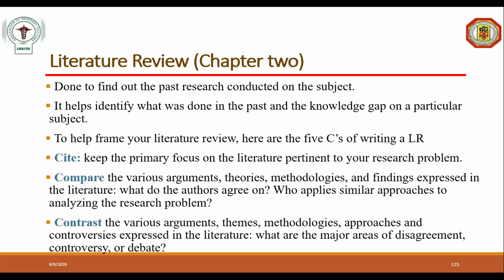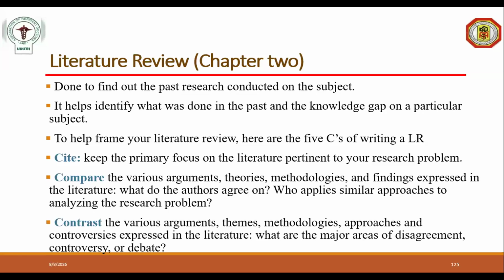So in writing the headlines of your literature review, we said number one, you discuss the overview of the main subject, which is malaria here, malaria and pregnancy. So now you have 2.1, general overview of malaria and pregnancy.